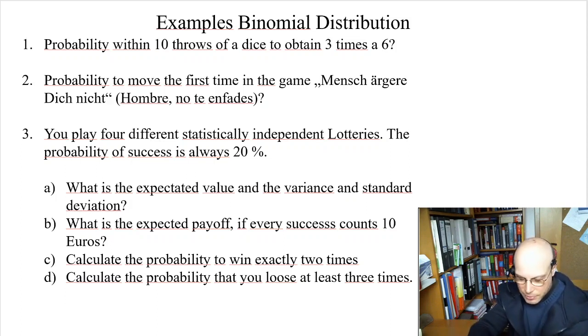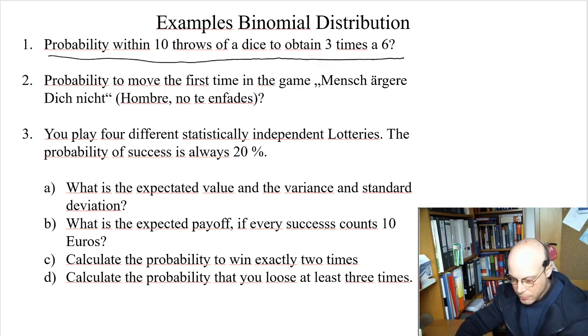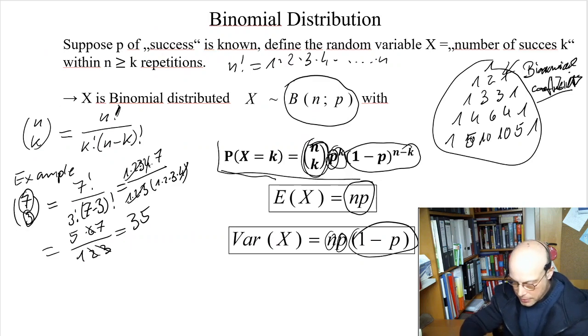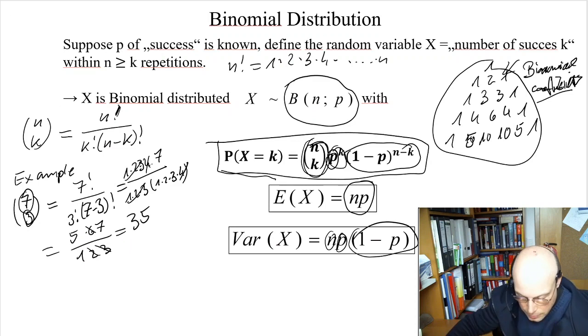At first, what is the probability within 10 throws of a dice to obtain 3 times a 6? What can we do then? Well, we just take our formula n over k. I think I can just copy it.